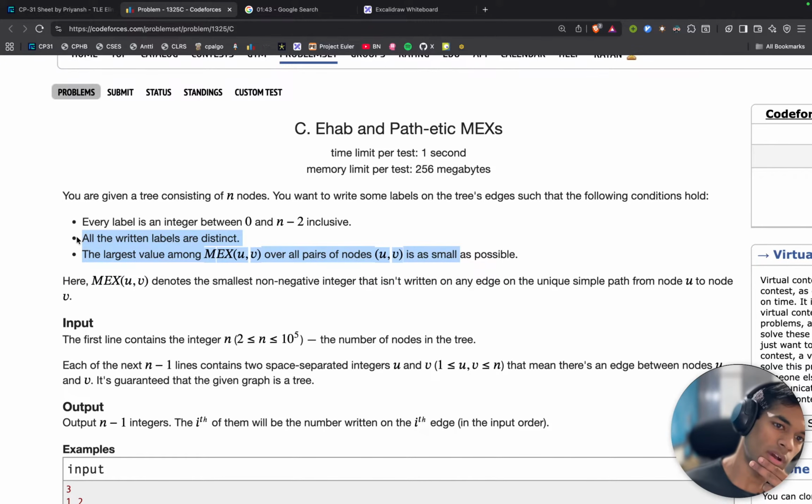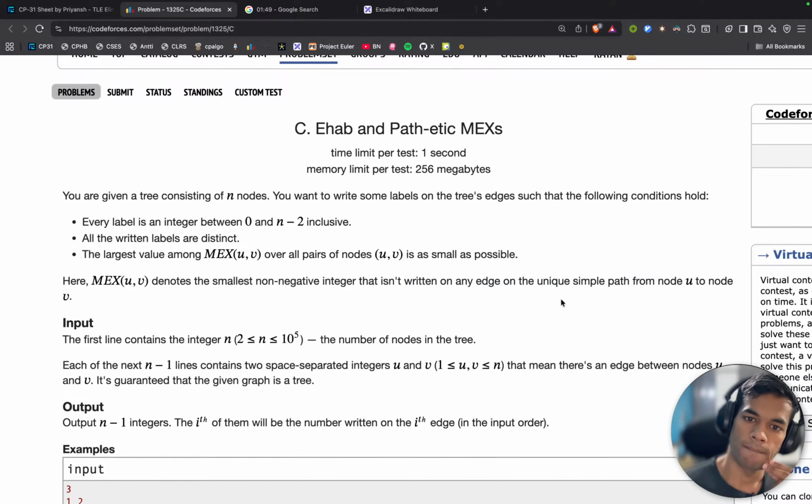It should be as small as possible. And here we are considering the unique path from u to v. Since this is a tree, we can go from any node to any other node.